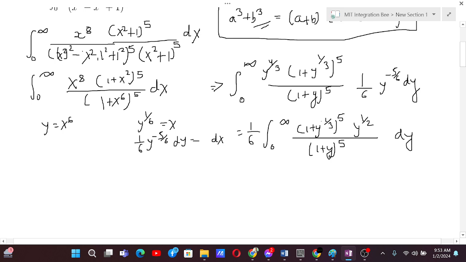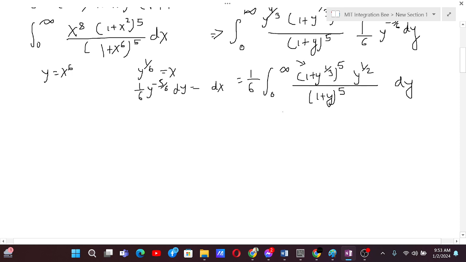Now basically we have to change this into its expanded form to apply the Beta gamma function. The expanded form will be 1 by 6 integral from 0 to infinity y to the power 1 by 2 by 1 plus y to the power 5. That will be sum from k equals 0 to 5, 5 c k, and then y to the power k by 3.